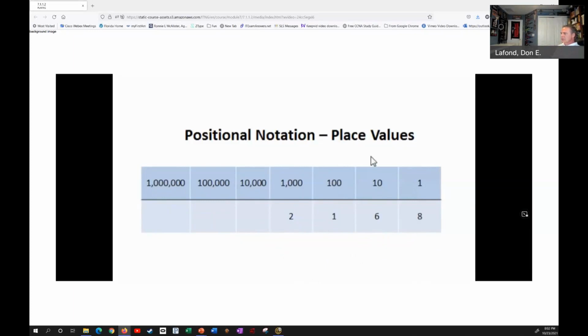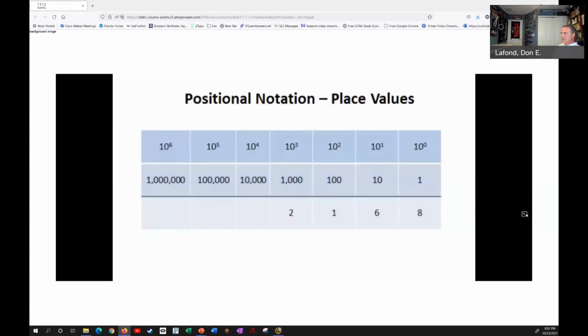Now, when we're talking about the place values in the decimal number system, we're talking about the powers of 10. The ones place is 10 to the 0, the tens place 10 to the 1, the hundreds place 10 to the 2, or 10 times 10, which is 100. The thousands place is 10 to the 3, or 10 times 10 times 10, and so on and so forth. So the place values are based on powers of 10.